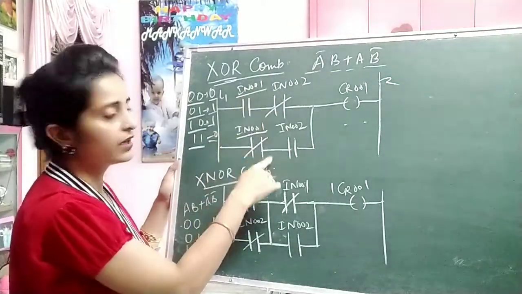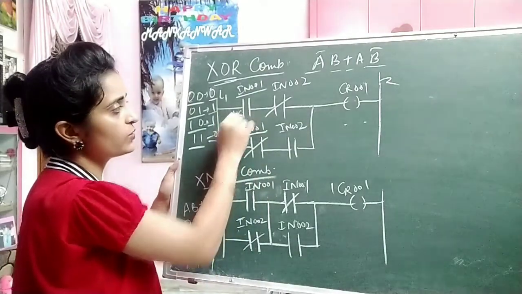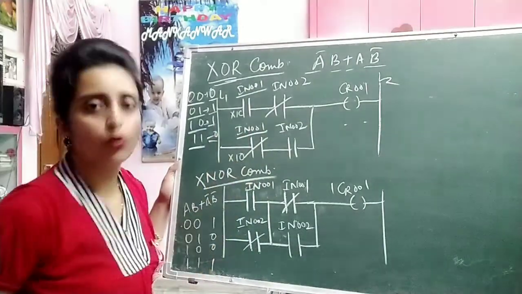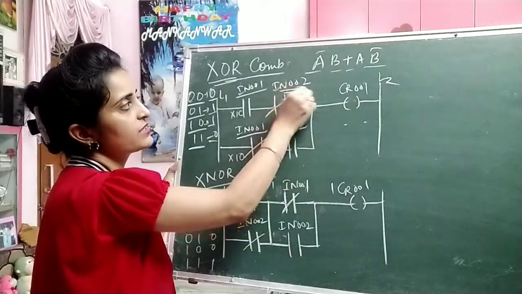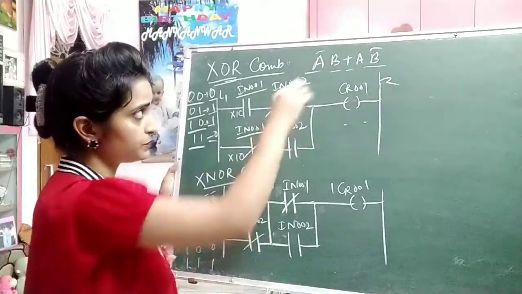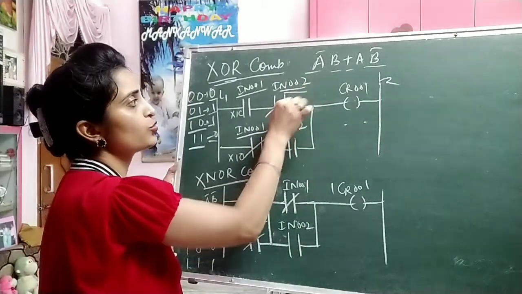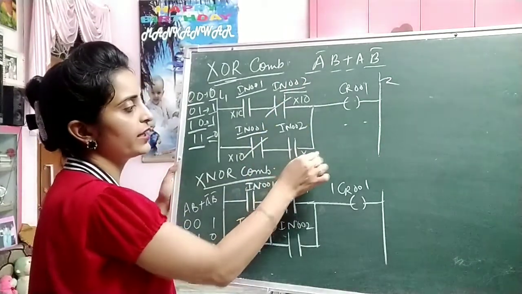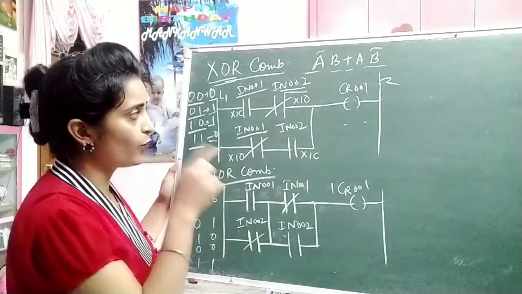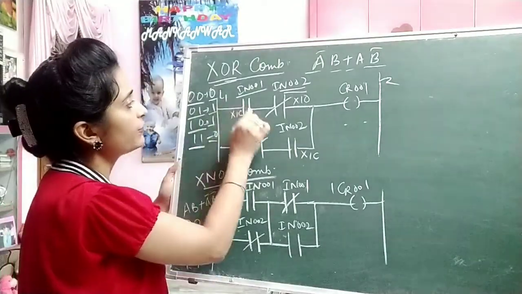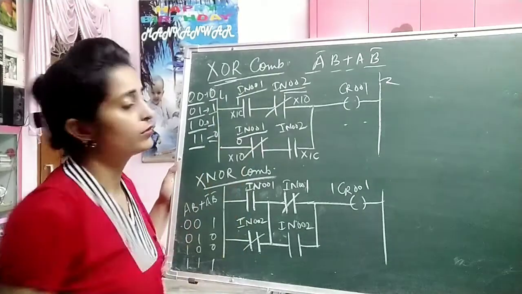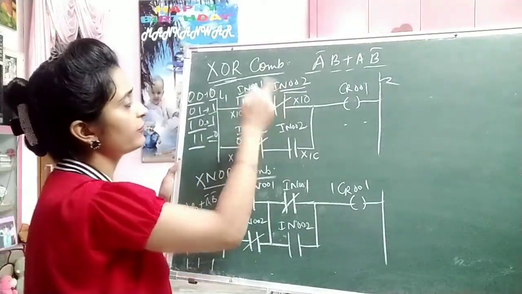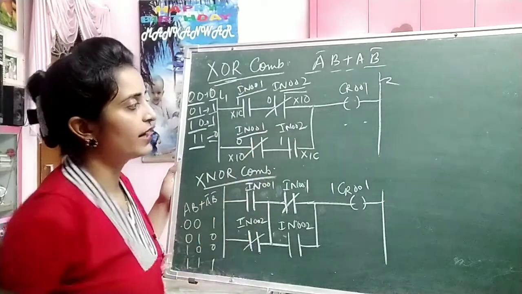IN001 in both conditions, in the XIC switch and also in the XIO condition. Similarly, IN002, the terminal 2 input, we have used in XIO format and also in XIC format. So if it is 1 here, then it will be 0 at this place, and if it is 0 here, it will be 1 at this place.